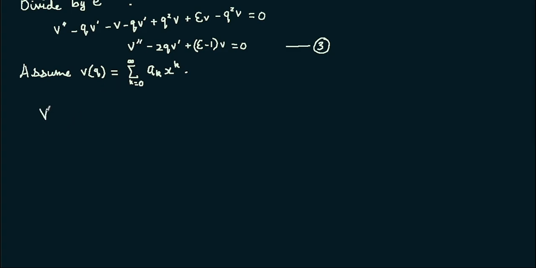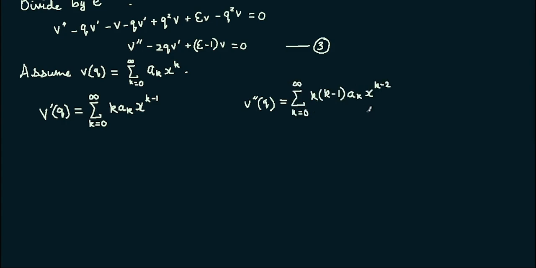So if we try to find what the derivative of v of q is, we would get something like this. And if we calculate the second derivative of v, we would get something like this. But here we can adjust our index a little bit.